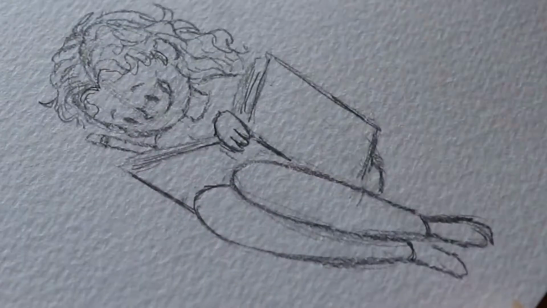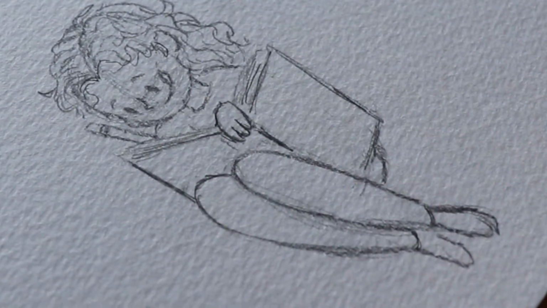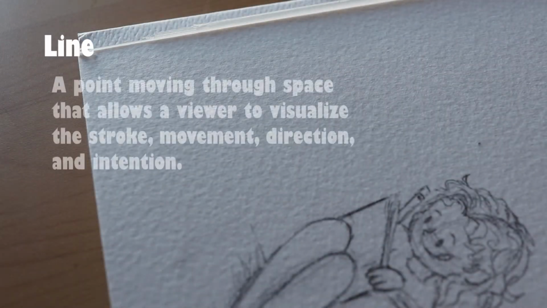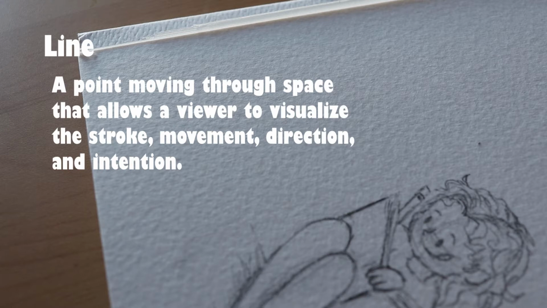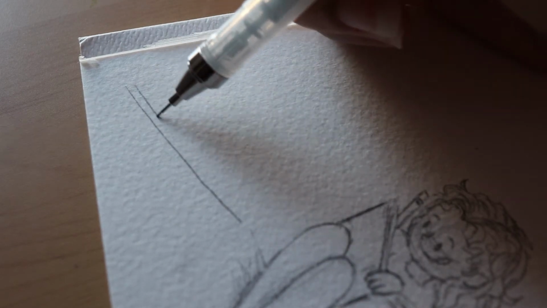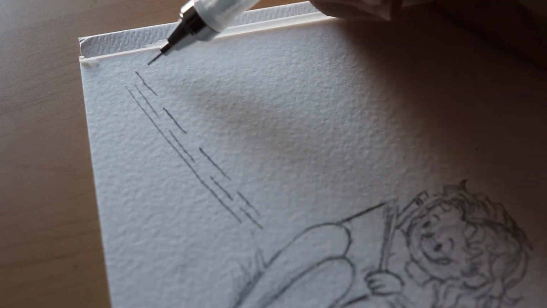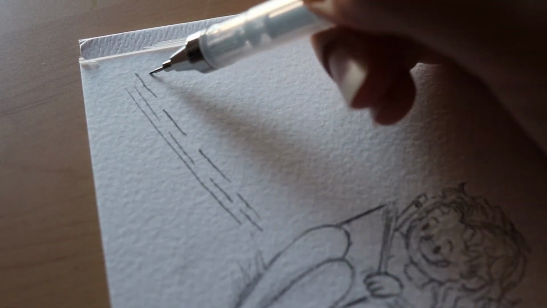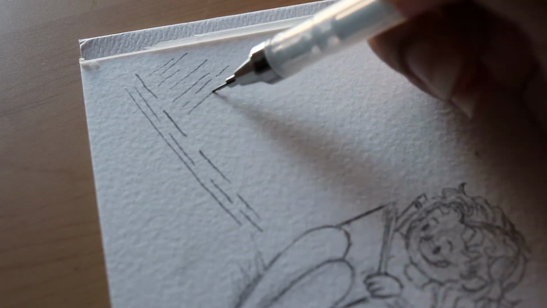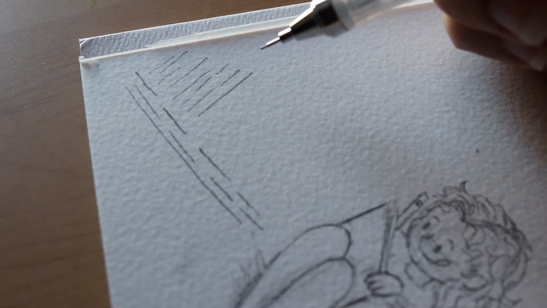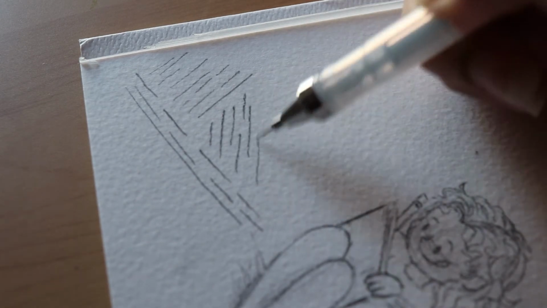So anyway, let's get into those definitions. A line is a point moving through space that allows a viewer to visualize the stroke movement, direction, and intention. And that is a really complicated sounding definition for what I assume we all know that a line is, which I will express in different ways on the screen.